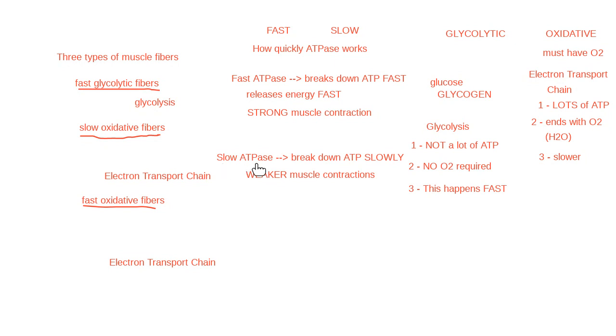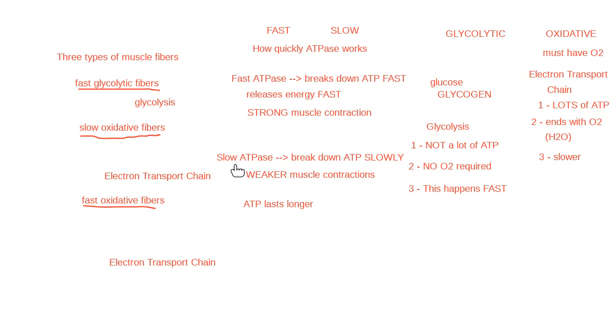Having a slow ATPase means that I more slowly break down my ATP, which means that the ATP I have is going to last me longer. So if I have a slow ATPase, ATP lasts longer. I'm going to run out of my energy more slowly because I'm going at a turtle's pace, if you will.